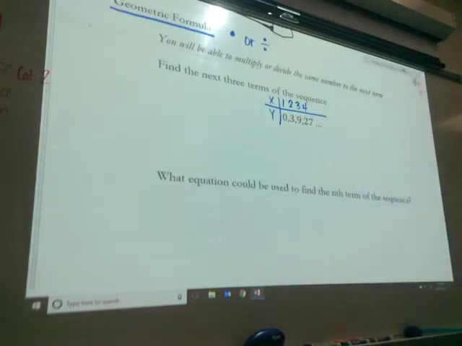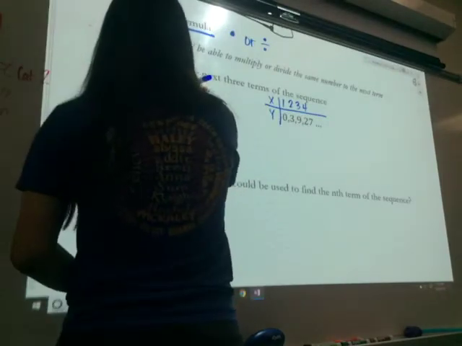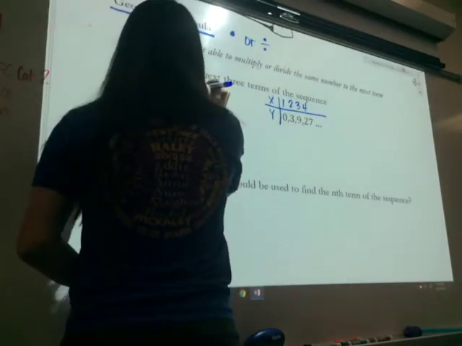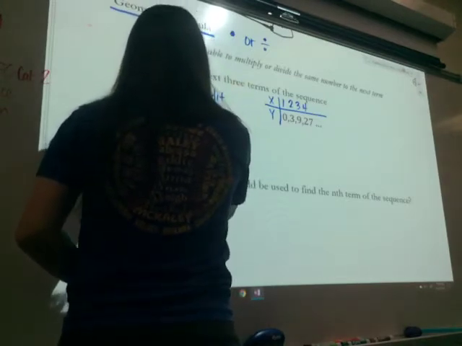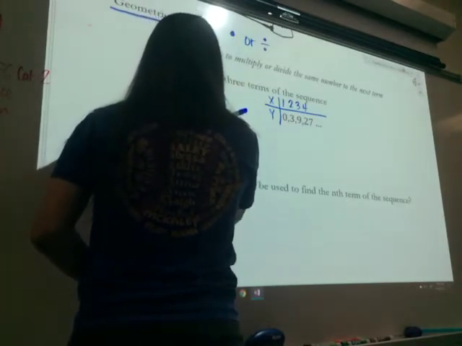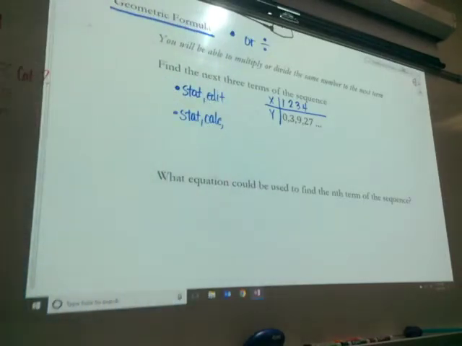Let's press Stat, Edit, and create our first 2 columns. 1, 2, 3, and 4. And then your next column is 0, 3, 9, 27.